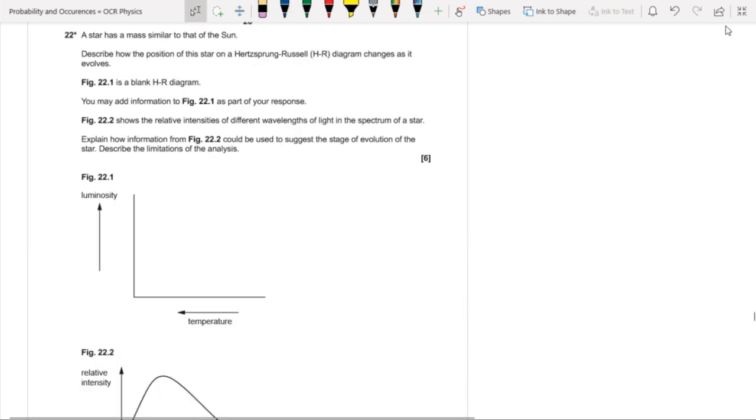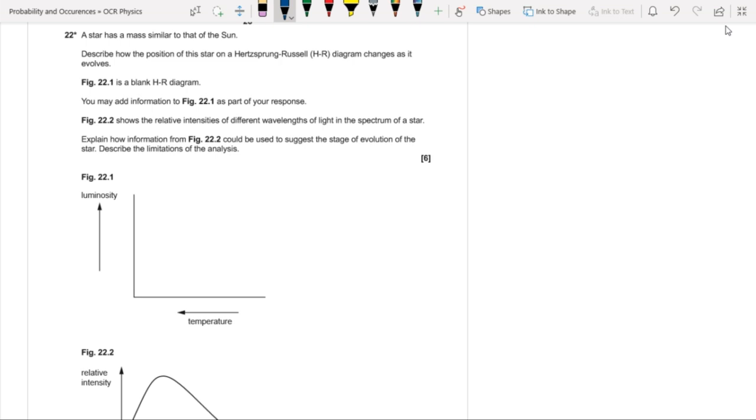All right, moving on to question number 22. A star has a mass similar to that of our sun. Describe how the position of this star on an HR diagram changes as it evolves. A blank HR diagram is given. You may add information as part of your response.